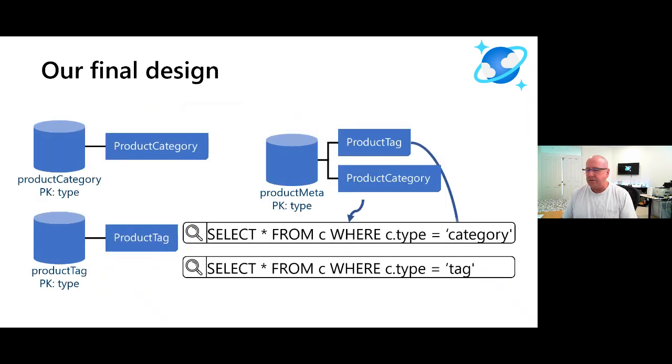But we can actually make this even more efficient. Notice I've got the type for my product tag and product category. Remember before I said if they share the partition key, you can merge them together. You can absolutely do that here. In fact, this pattern is one you can use for a lot of reference data that you're just going to look up, maybe to hydrate some UX.